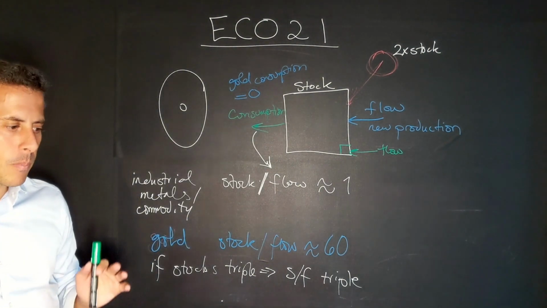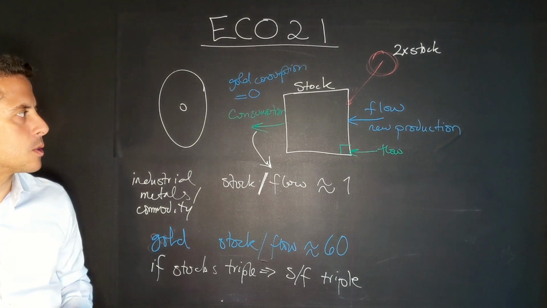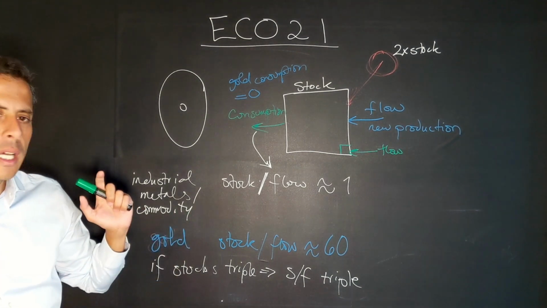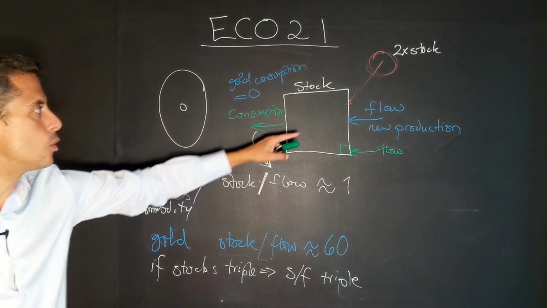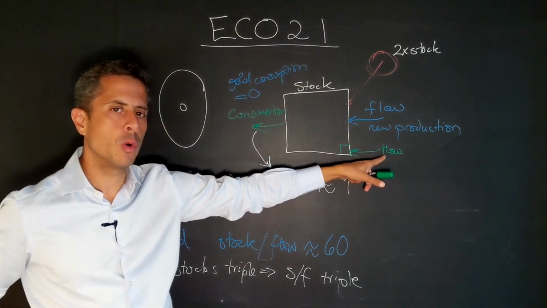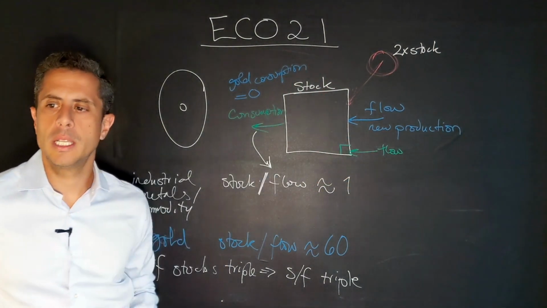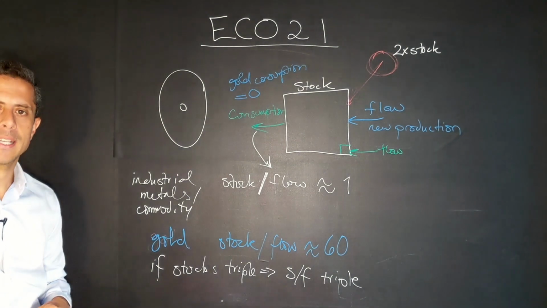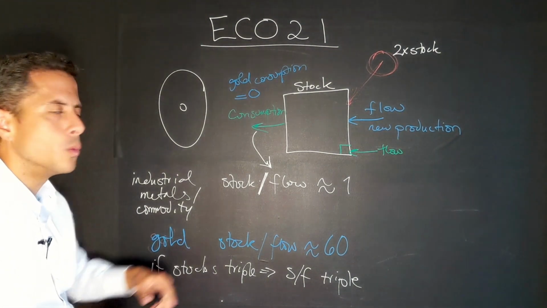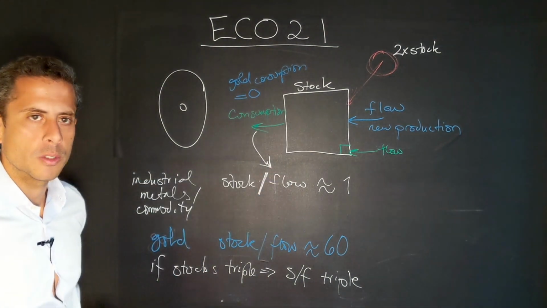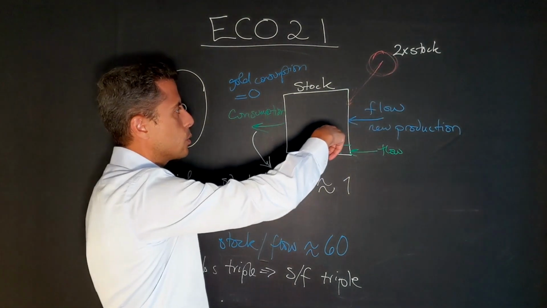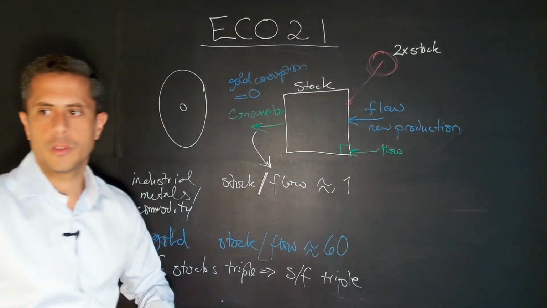And that's why other metals are not going to replace gold's monetary role in this regard, because they need to build up the stockpile that makes the new flow insignificant compared to their stockpile. And this is also why an asteroid, if you think about it, is not going to take away gold's monetary role. If a new asteroid comes in, you just increase the stock to flow.